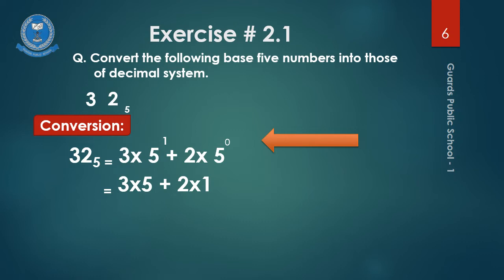This 3 will multiply with 5 and gives you 15, plus this 2 will multiply with 1 that gives you 2. Now we will add these two numbers. 15 plus 2 gives you 17 and this is our answer. So here you have come to know that the 3, 2 of base 5 is equivalent to the 17 of the decimal number.